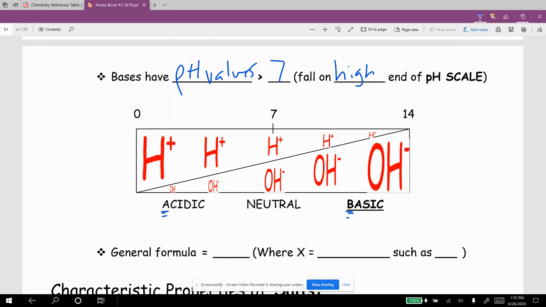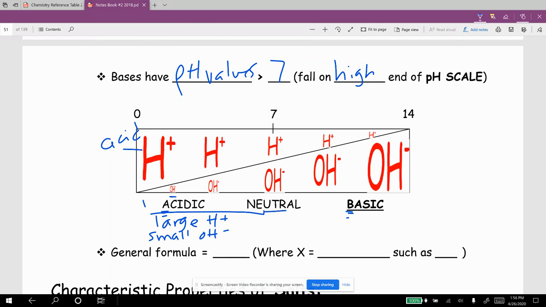So remember, our acid ion is this H plus, right? This is our acid ion. So in our acidic range, right, from 0 to 6, we have a large H plus, and we've got a really, really, really small OH minus, right? Little itty bitty bit of base, right? There's always acid and base present at every pH value.